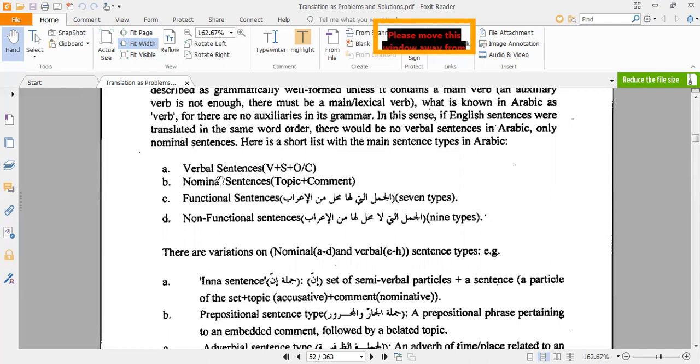يعني لو أنا عندي بحكي باللغة الإنجليزية أحمد ate an apple. This is a verbal sentence, starts with the subject أحمد, the verb ate, and complementary or object, which is an apple. Okay.